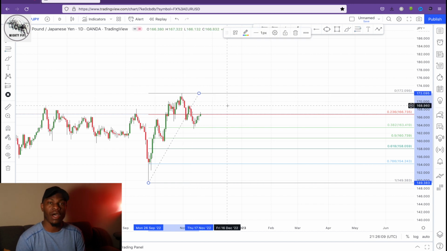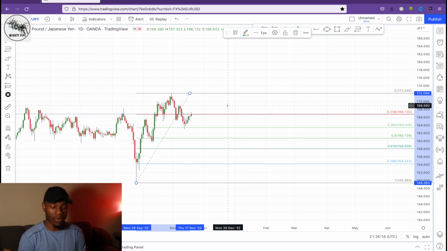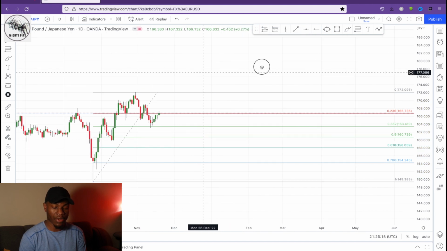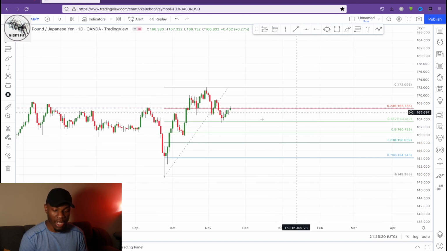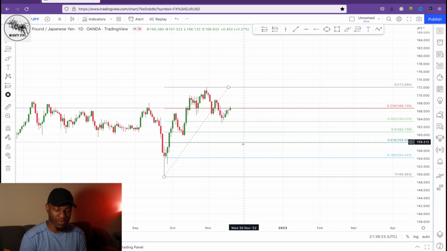After you have done that, guys, you want to look for 3 major zones. You want to look at the 38 Fibonacci, the 50%, and the 61.8 Fibonacci. But I normally don't trade off of the 38. I just keep an eye on it, but I like to trade off of the 50% and 61.8 Fibonacci retracement zones.